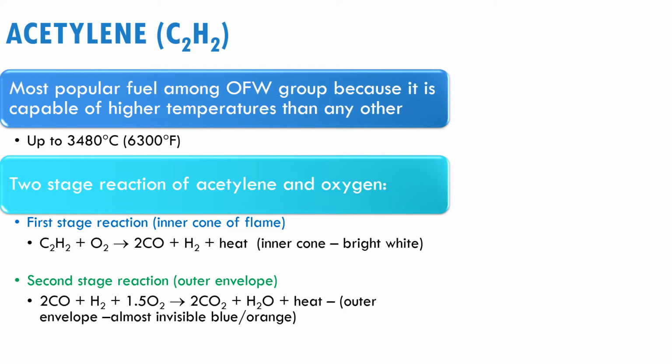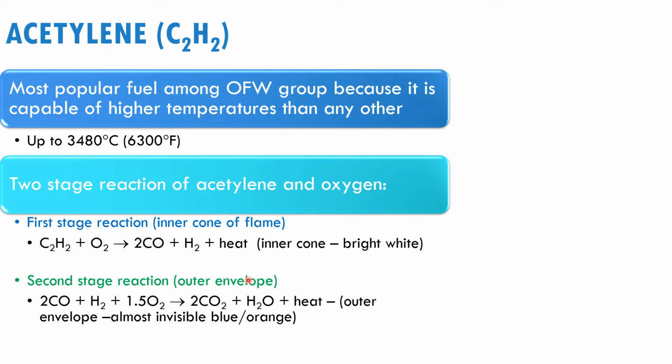The first stage refers to the inner cone of the flame, where acetylene will react with the oxygen and create carbon monoxide, hydrogen, and also heat. This heat is used for the welding process. This inner cone will be a bright white color.